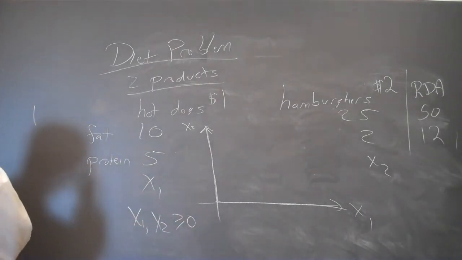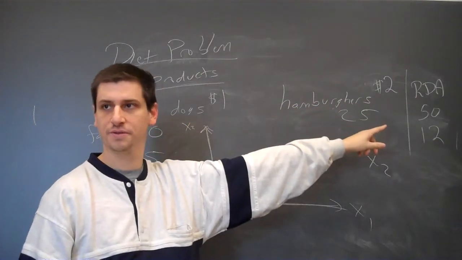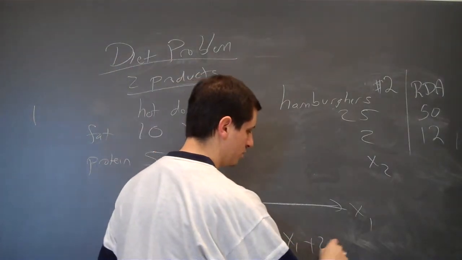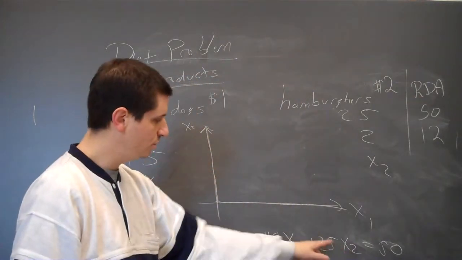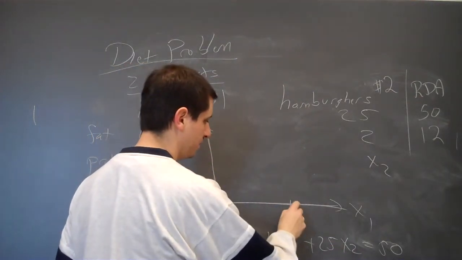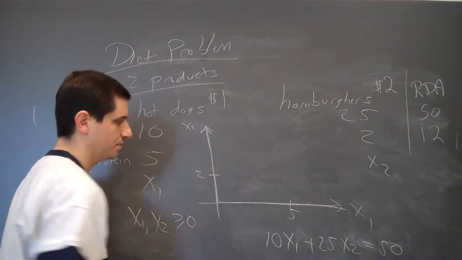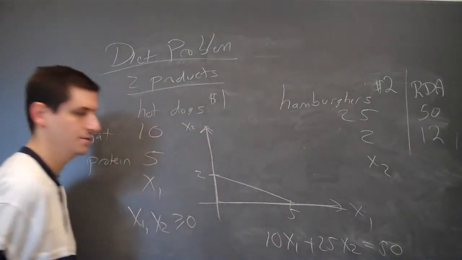Now the next one is 10x1 plus 25x2 equals 50. So if x2 equals 0, x1 equals 5. If x1 equals 0, x2 equals 2. So I get a line like this.